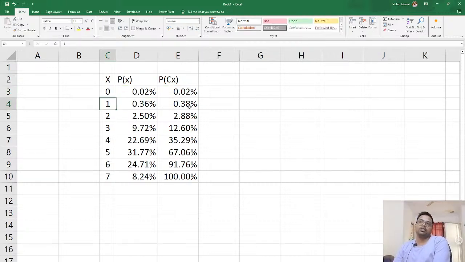One person will fail. Now you can see the difference: here it is 0.36, here it is 0.38, because it has added 0.36 with 0.02. Now the probability for 2 people is 2.5. Now it has added. Know the difference.